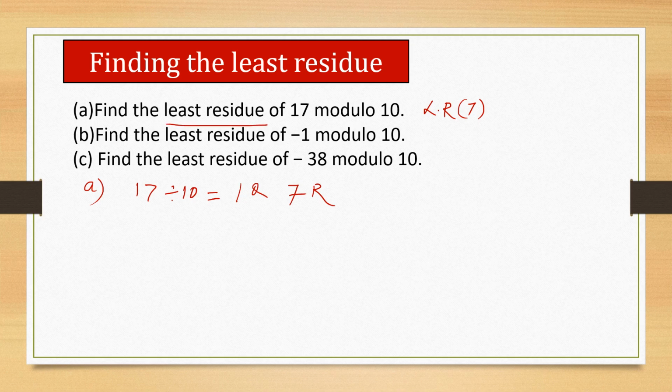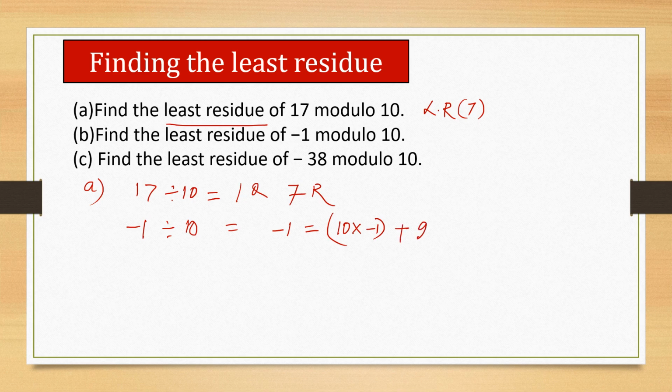Least residue of -1 modulo 10. You have to take a multiple that should be negative. So I'll write -1 is equal to 10 multiplied by -1 plus 9.